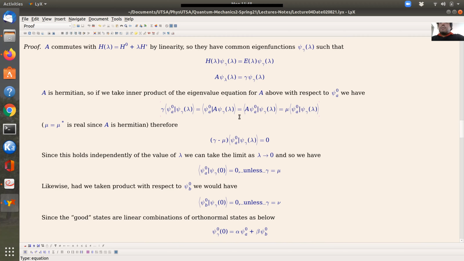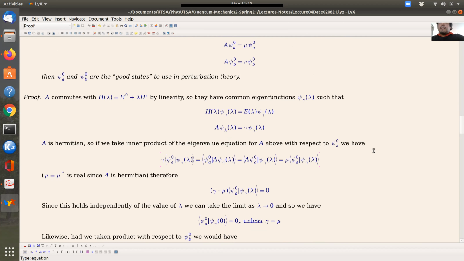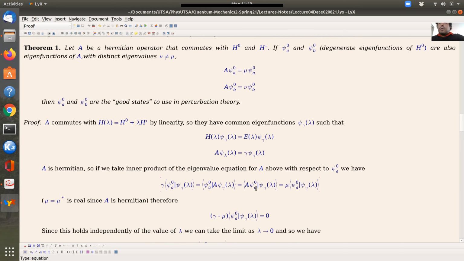So if we do that, we take the eigenvalue gamma over here. We're just plugging in this part in here, so that's why the gamma is coming out. Then, if we follow the calculation, we pass the A to the other side because it's Hermitian.